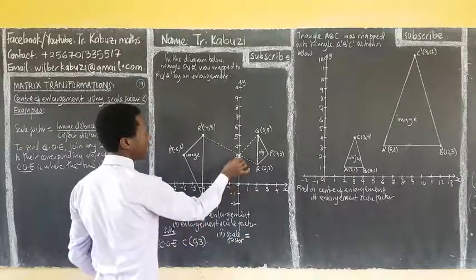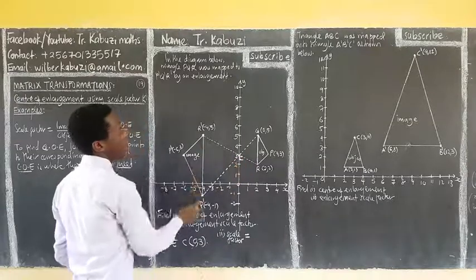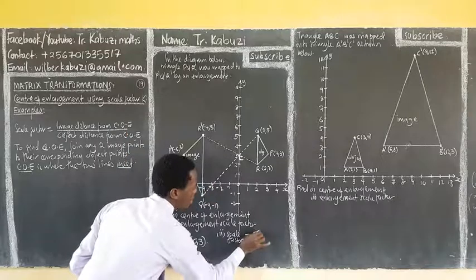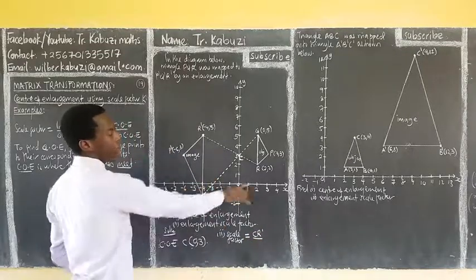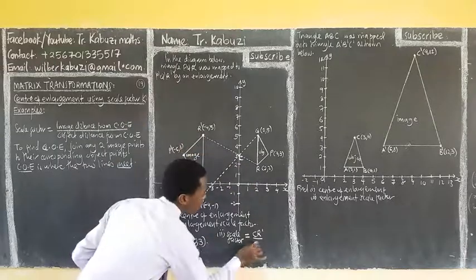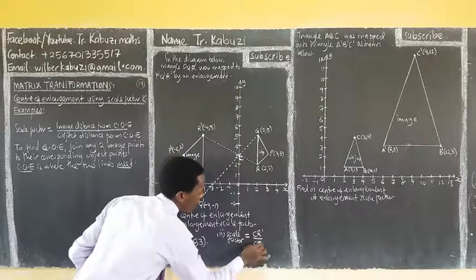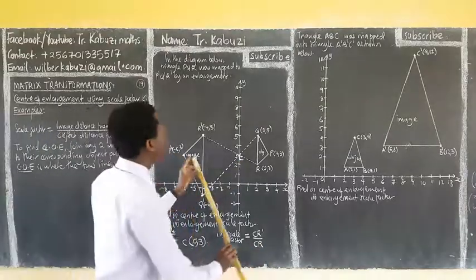If this is my C here, I'm going to get C R prime over the object distance. Now this is the object, R. So it will be C R. Now from there, you just get your ruler, then you measure.